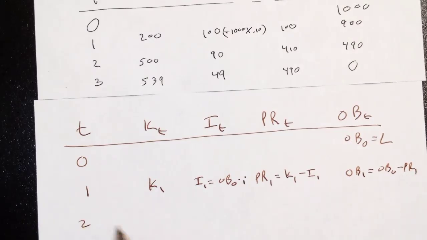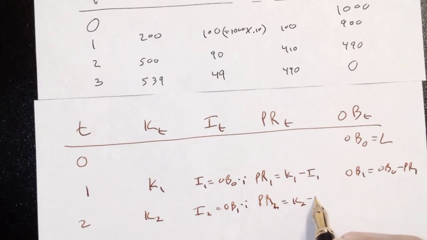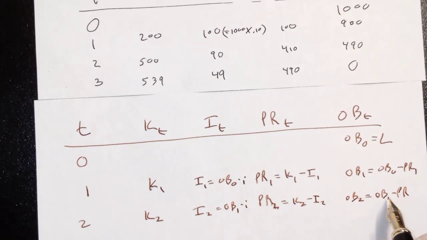Keep going. At time 2, we make a payment. The interest is OB1 times I. Principal repaid at time 2 is K2 minus I2. OB2 is OB1 minus PR2.